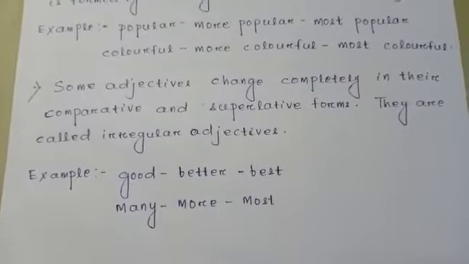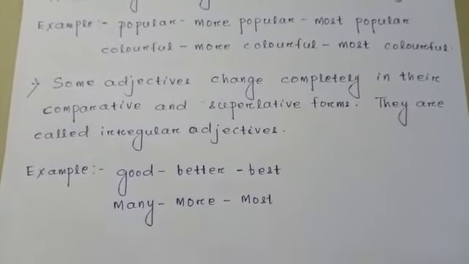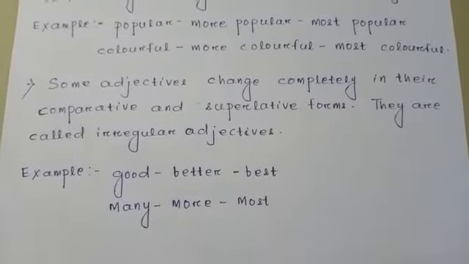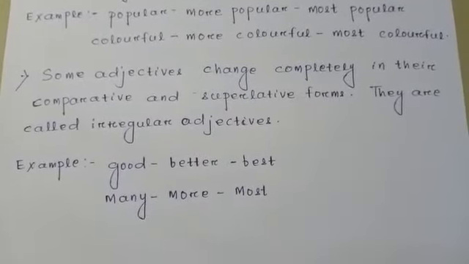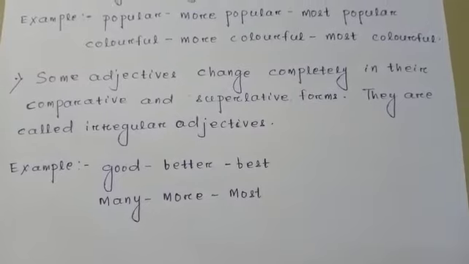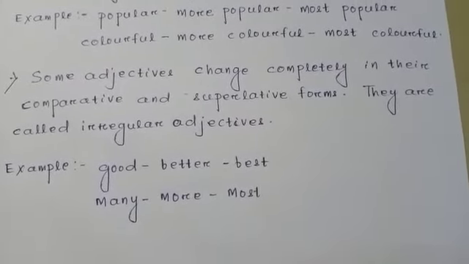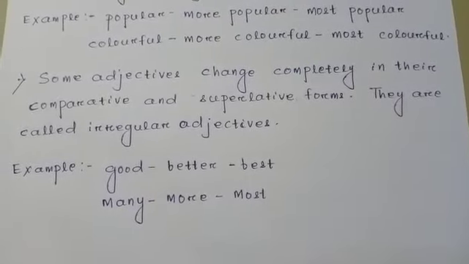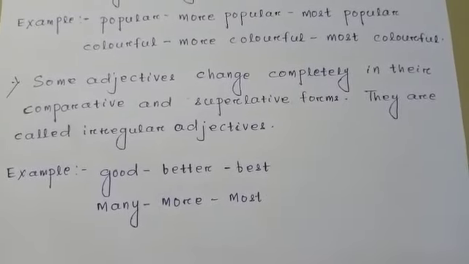For example, good, better, best. When you form its comparative degree, you neither add er nor write "more good" or "most good". It changes completely: better and best. The second example: many, more, most. More examples: bad, worse, worst; little, less, least. These are certain examples of irregular adjectives.